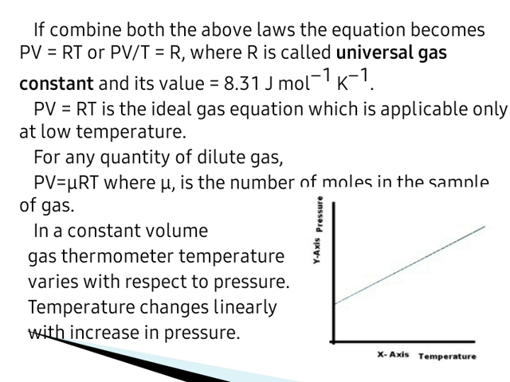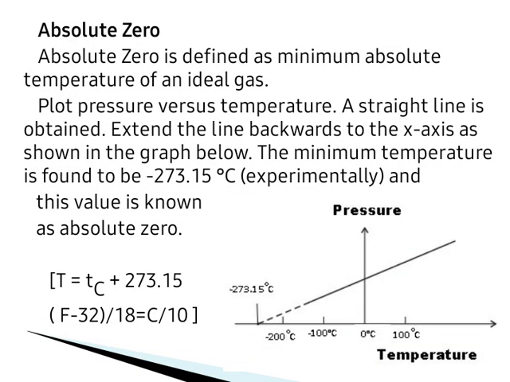In a constant volume, temperature of gas in a thermometer varies with respect to pressure. Temperature changes linearly with increase in pressure. This variation is shown in the given graph. Let's learn what is absolute zero. Absolute zero is defined as minimum absolute temperature of an ideal gas.